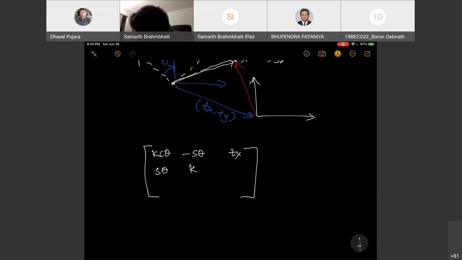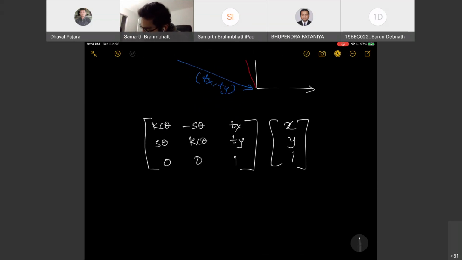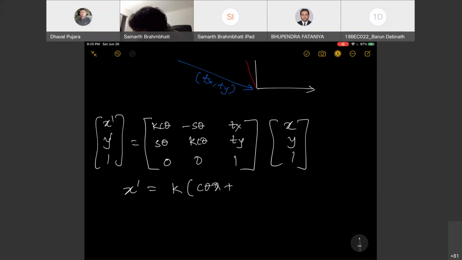Right, so what you're going to do, let me just write down here, X dash is actually, you're first going to scale this, and then you translate, right?